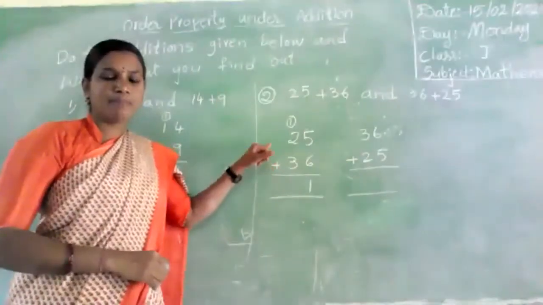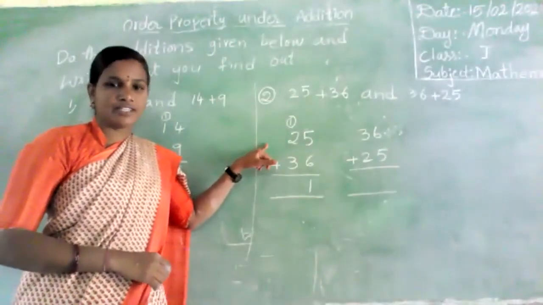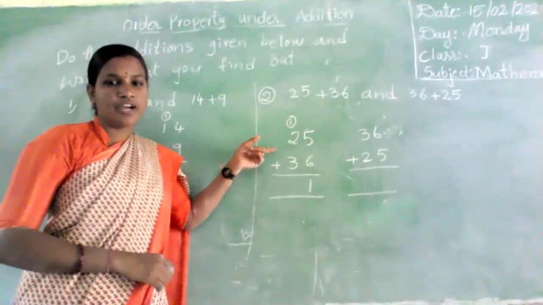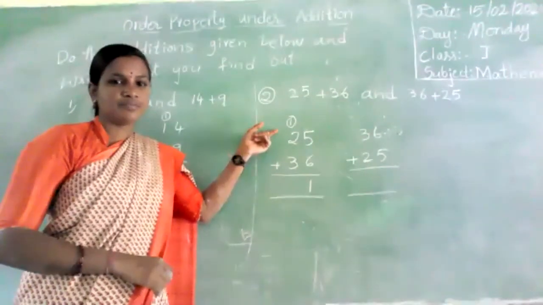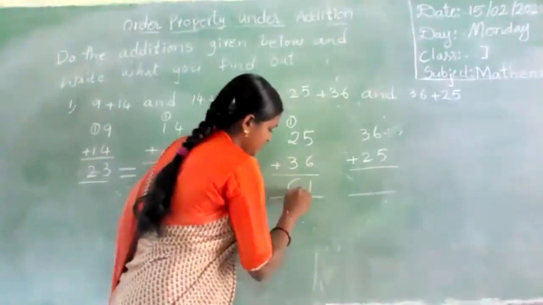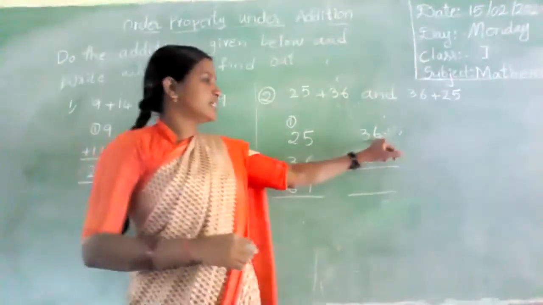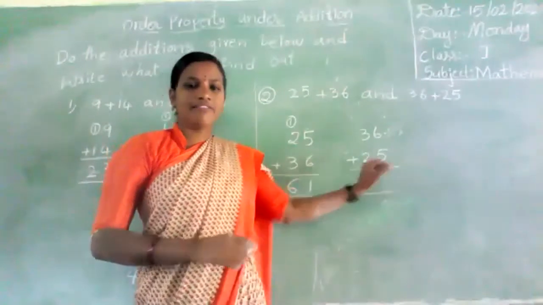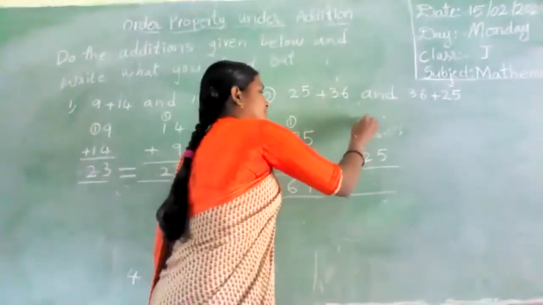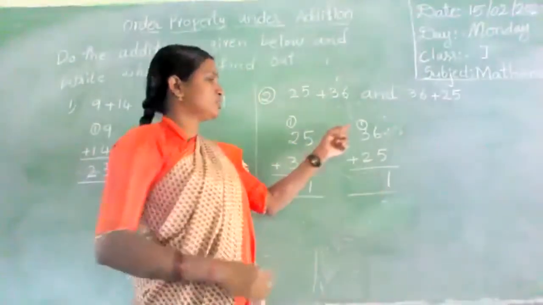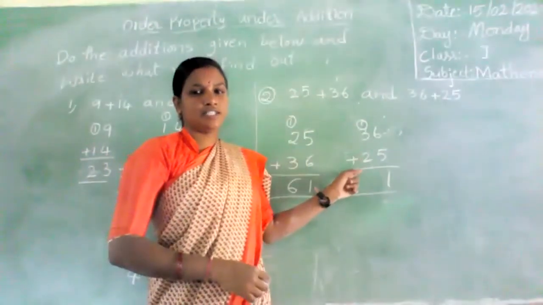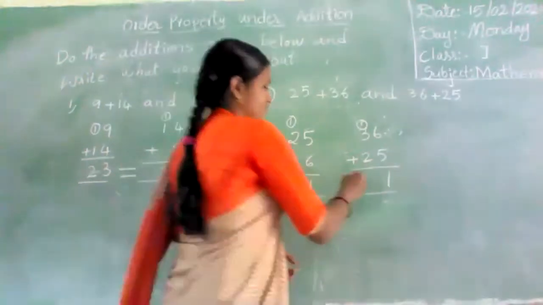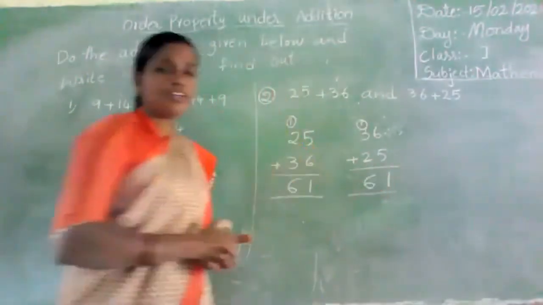Next, 3 plus 2, 5. Carry 1. So 5 plus 1, 6. Next, 6 plus 5, 11. 1 carry, 1 under ones. So 3 plus 1, 4. 5. 6. So what is the answer? 6. What do you find?